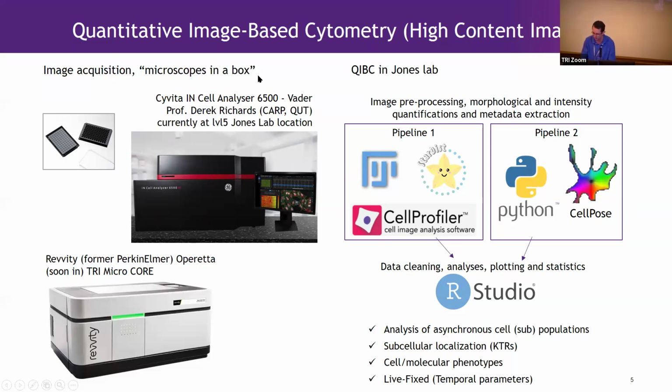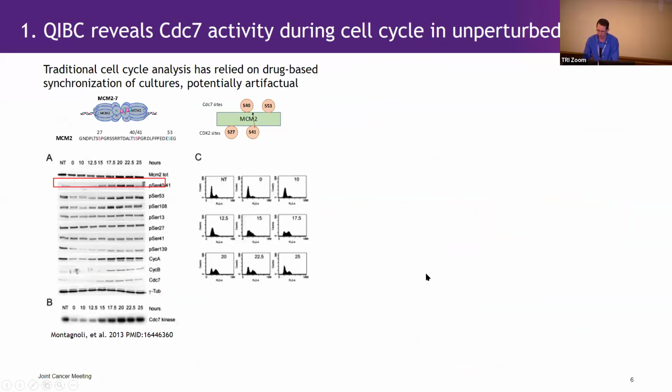The beauty of this technique, as Shiv mentioned, is getting subcellular localization, which is crucial for these kinase translocation reporters, and evaluating subpopulations of cells and also molecular and phenotypic phenotypes. Today I will just try to go very briefly through a few stories that we have in the lab.